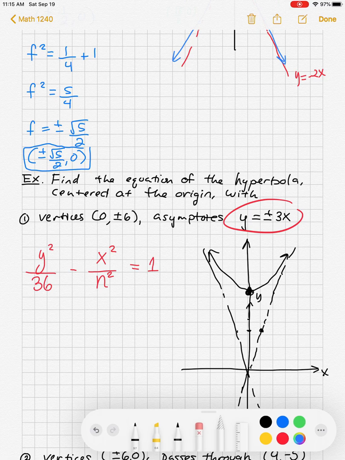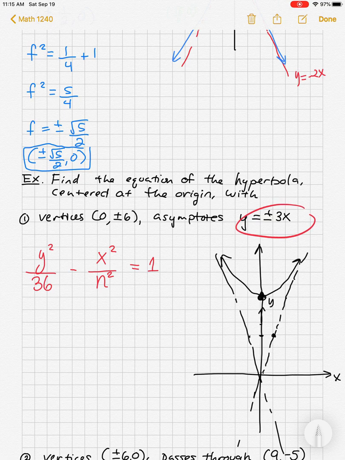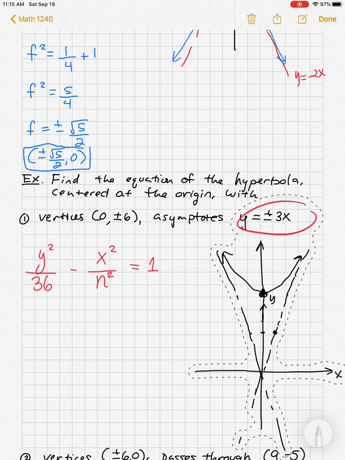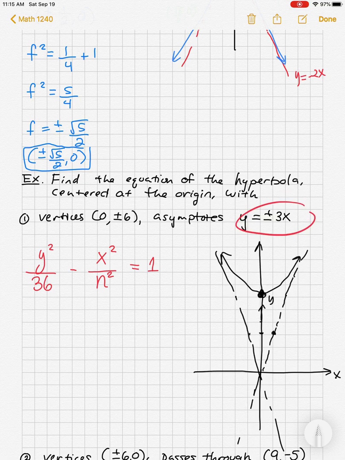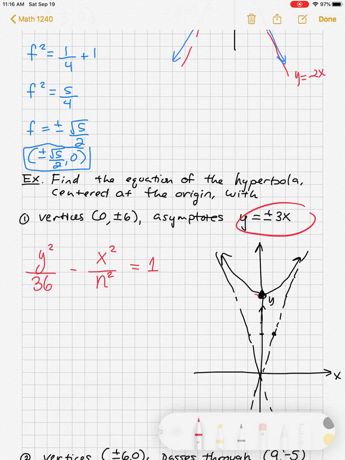So what I was trying to determine was the number that goes underneath the x. For my box, when I'm drawing my asymptotes, I would go up and down by 6. That would put me here. And then how far would I have to go left and right? I'd have to go left and right by 2, right? In order to get to that asymptote.